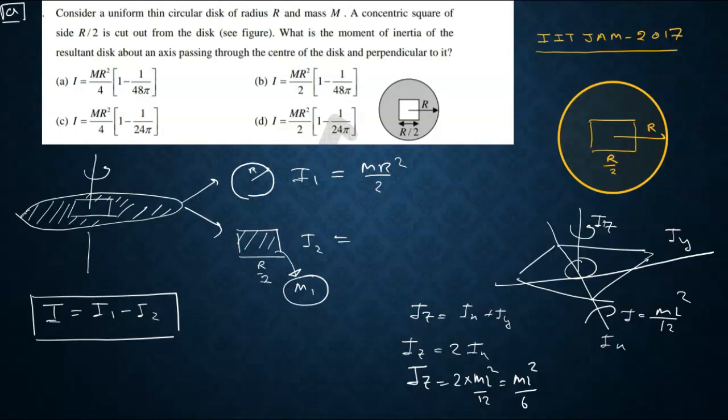So our desired moment of inertia, that is I2, equals to m1 into the length square, that is (r by 2) whole square, by 6, that is equals to m1 r square by 24.